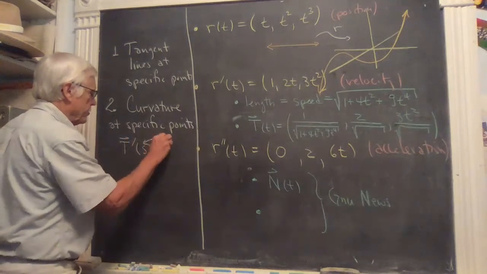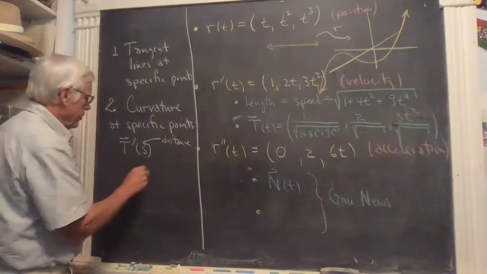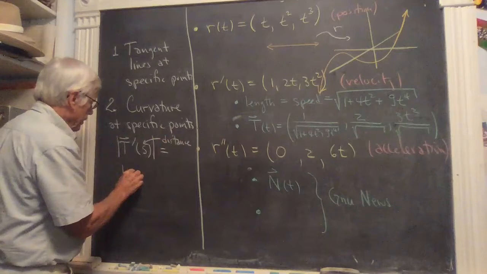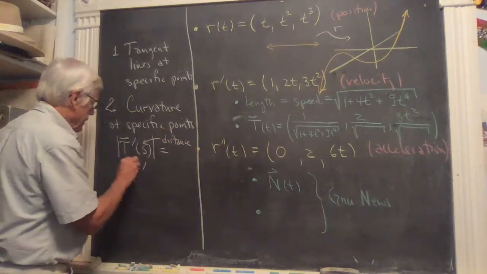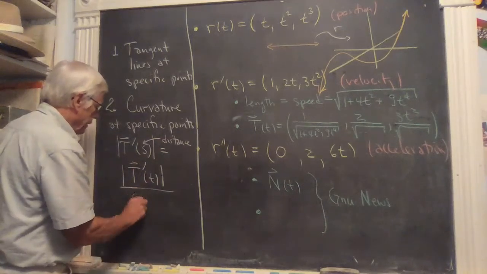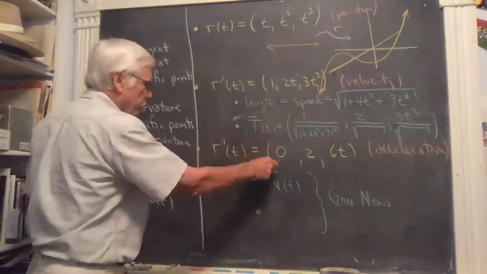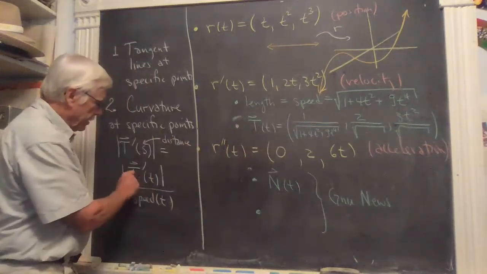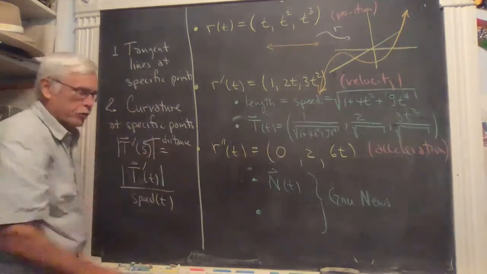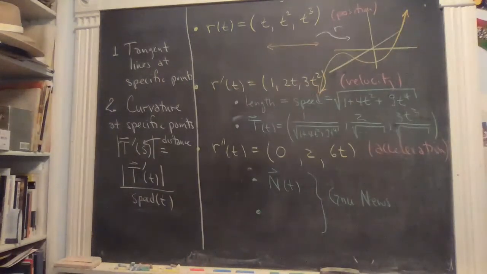S represents distance. And this is an absolute value. This is a number. This is the derivative of T with respect to time divided by the speed, both of which we computed over here. Or we didn't compute this derivative. This would have to be computed. But this is what curvature is, and I'd like to talk about that just briefly, geometrically.